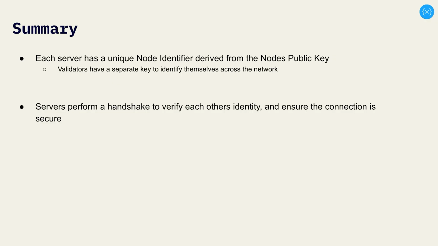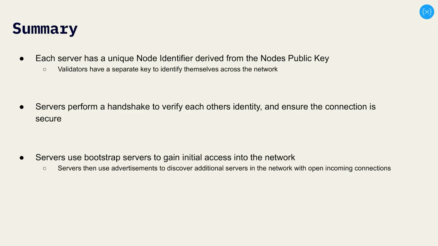And secondly, it ensures that the connection between two parties is secure, meaning that there is no man in the middle between the connections. And finally, we learned that the servers use bootstrap nodes to get initial access into the network and then use a peer discovery algorithm to find additional peers to connect to in the network.